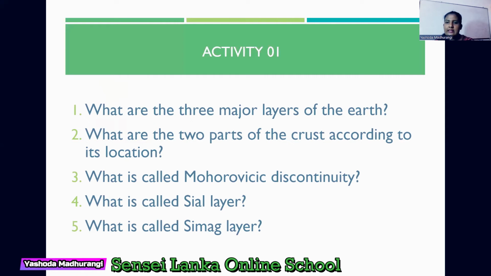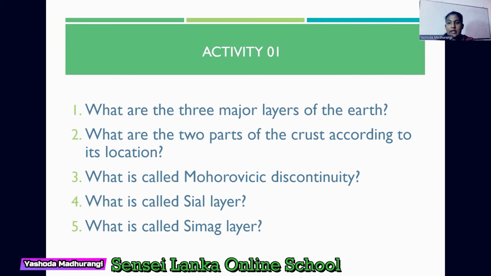I told you there are some activities in my today's lesson. So this is activity 1. There are 5 questions. Look at them. Shall we discuss the answers? What are the 3 major layers of the earth? Very easy. Crust, mantle, and the core. What are the 2 parts of the crust according to its location?